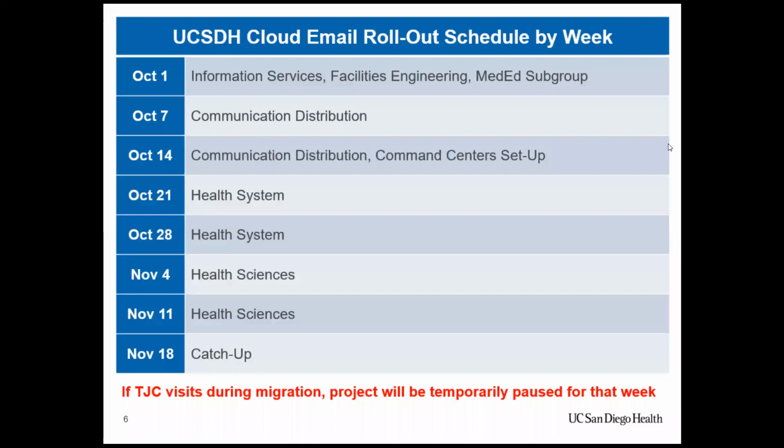We'll start the next big wave of migrations the week of October 21st, followed by subsequent weeks, the 28th, and then the 4th will be moving over to the professional schools, the health sciences side, and then all the way through November 18th.